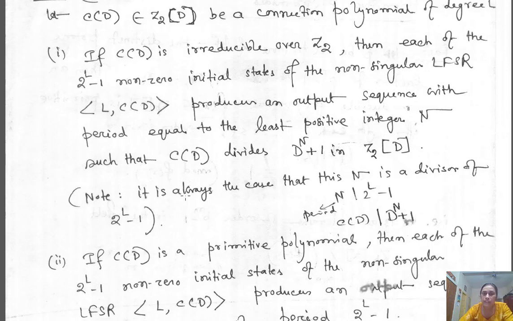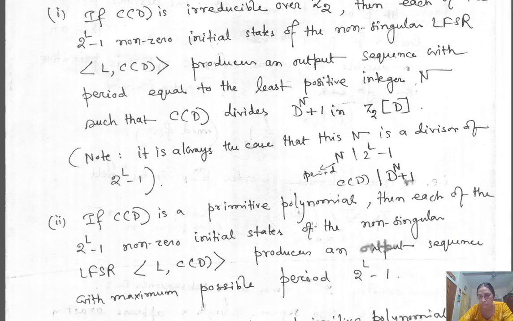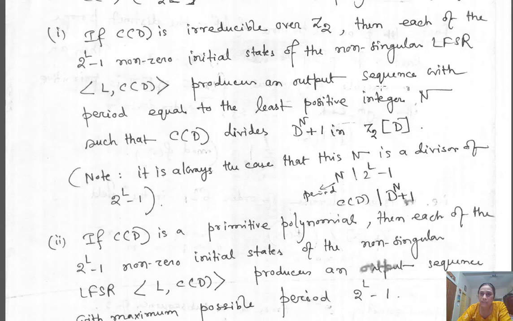It is always the case that this n is a divisor of 2 to the power L minus 1. It can be proved. We are not going to discuss the proofs here, because this is not a number theory course or abstract algebra course. So this n, the period, is the least positive integer such that C(D) divides D to the power n plus 1, and this n divides 2 to the power L minus 1. It actually follows from this fact.